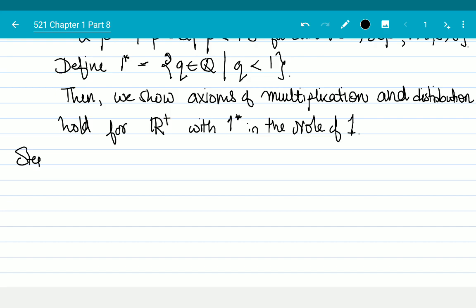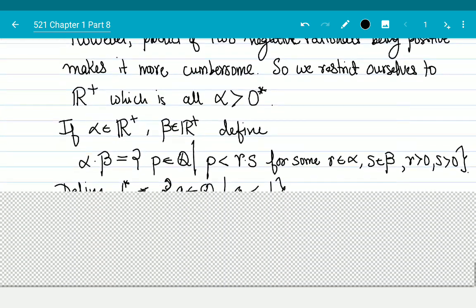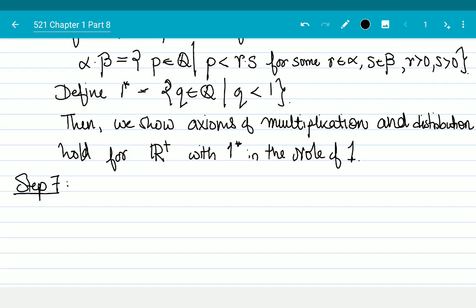Step 7. Now we need to define what negative means.